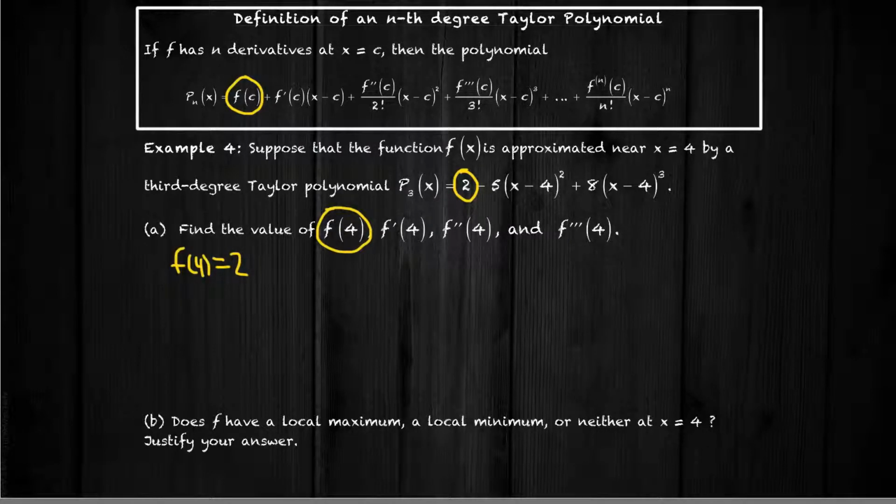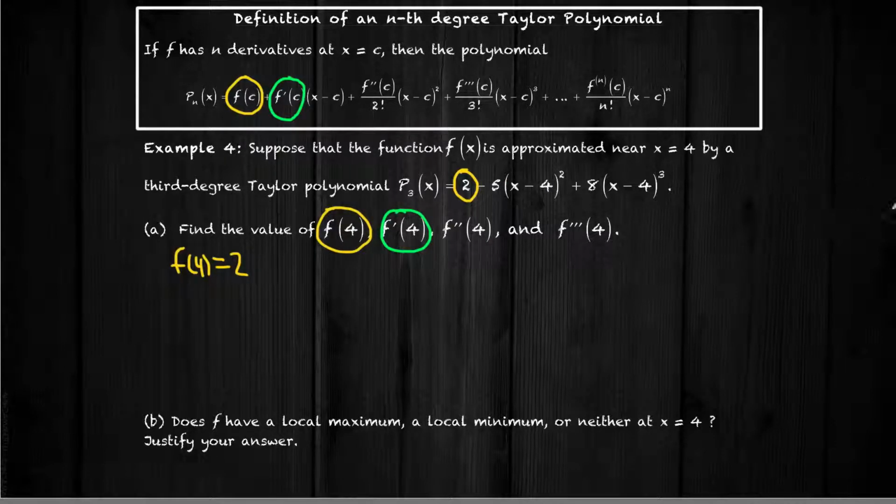Now, f prime of 4, I'll use a different color for that. f prime of 4 is going to relate to the coefficient in front of the (x minus 4) to the first power term. Well, notice there is no term where it's (x minus 4) to the first power.